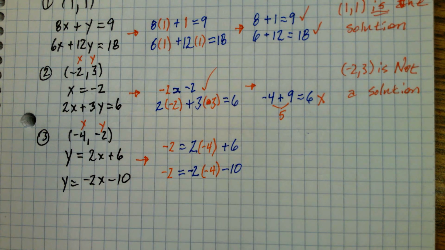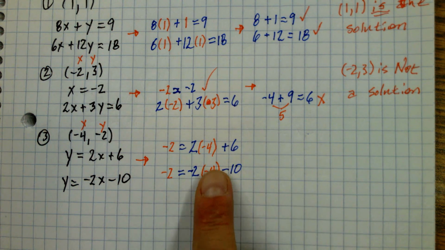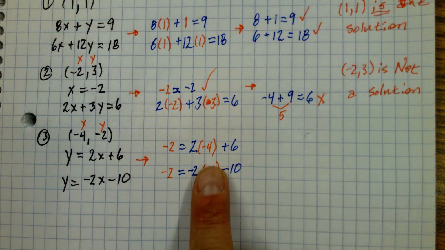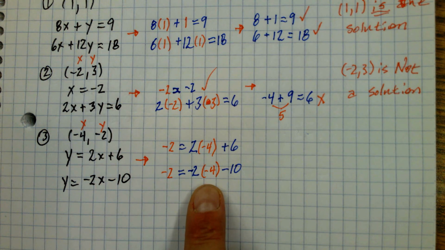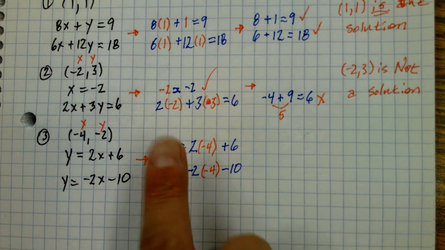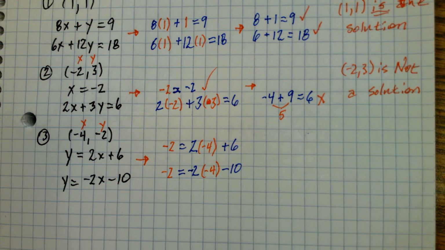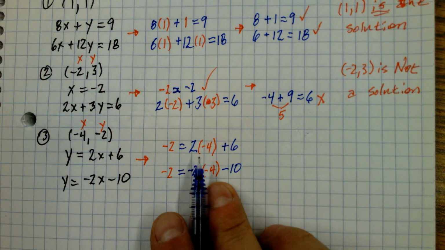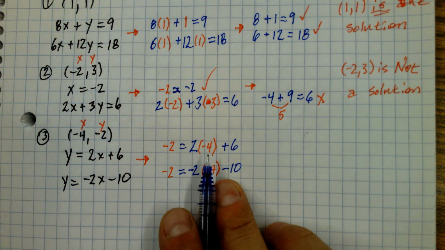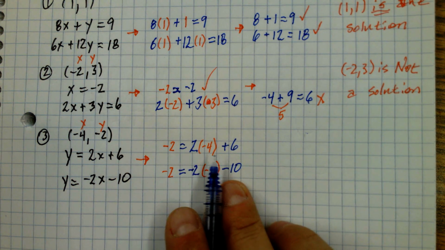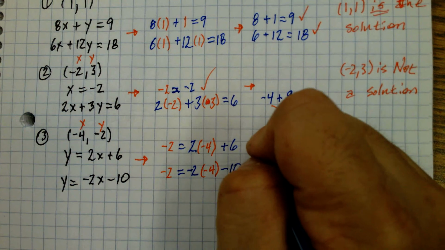Okay. So go ahead and put that in. And here's the thing. If the first one doesn't work, you don't need to go on to the second equation and test that. Okay? The moment you get the first one not to work, you don't need to test the second one because you know that's not a solution. Okay, so let's see. I got to multiply 2 times negative 4 and then add 6. So I'm going to do that.